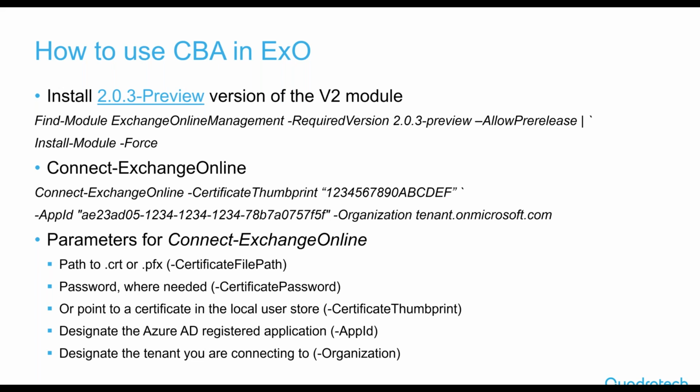If this is a password protected file like a PFX container where the certificate is located inside it, you might also need to provide a password, which is done via the dash certificate password parameter. The certificate thumbprint we already covered, just point to a certificate stored in the local user store, and the rest are the application ID and the organization here.